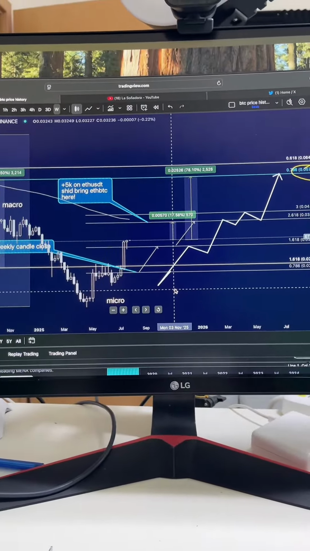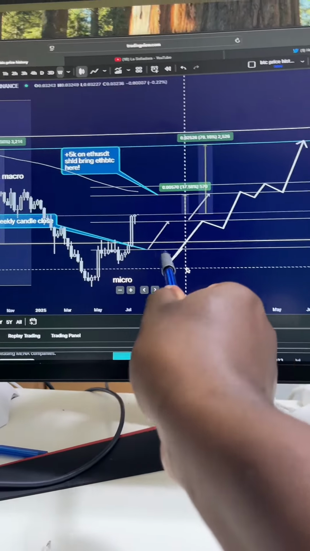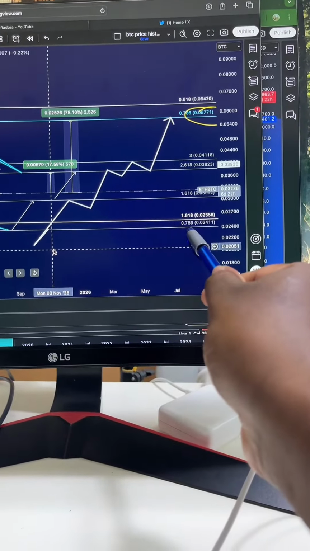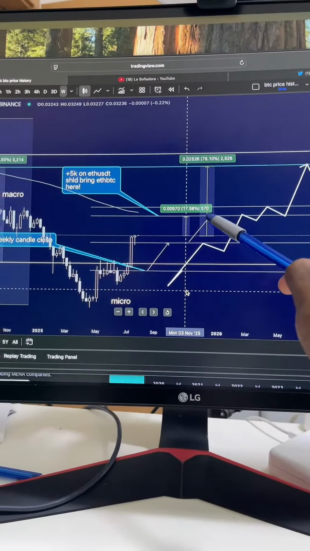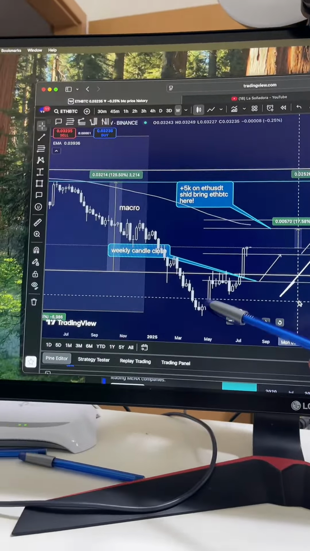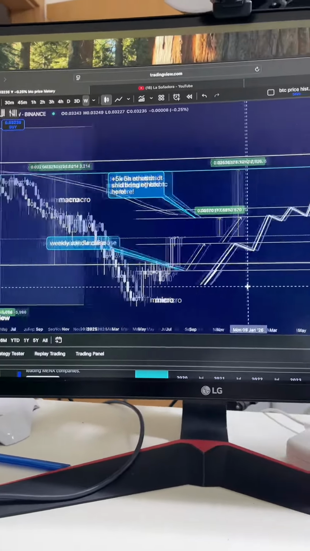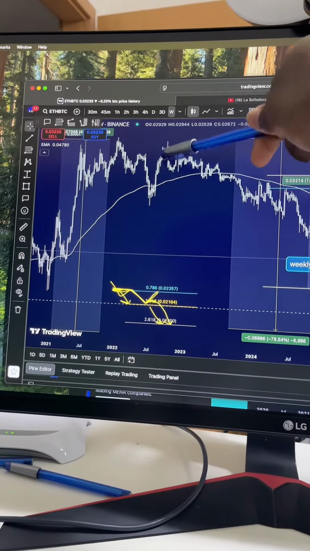Some time ago, we did indicate that when Ethereum closes a weekly candle above this 0.786 right here, it will be shooting up like so. Why did we use this as the 786? Well, we suggested that this move to the upside right here was the biggest move for Ethereum since 2022.